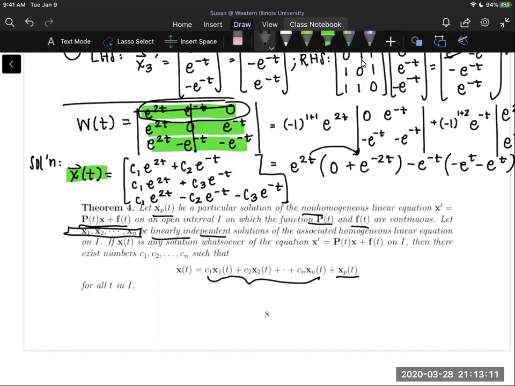So again, it's just the complementary function plus the particular solution to get your general solution. So this concludes section 5.1 over matrices and linear systems. And then we will continue on in chapter 5, learning not only how to find these particular functions and these linearly independent solutions, but how to utilize linear algebra while we're doing so.